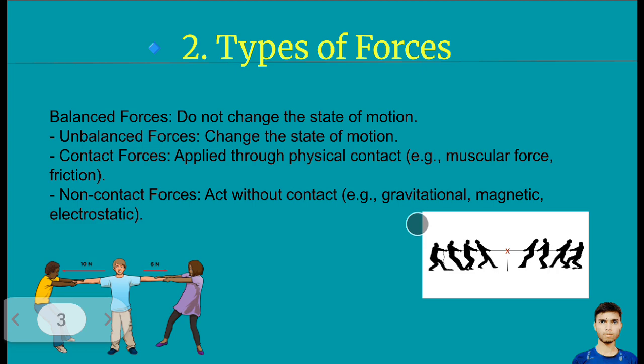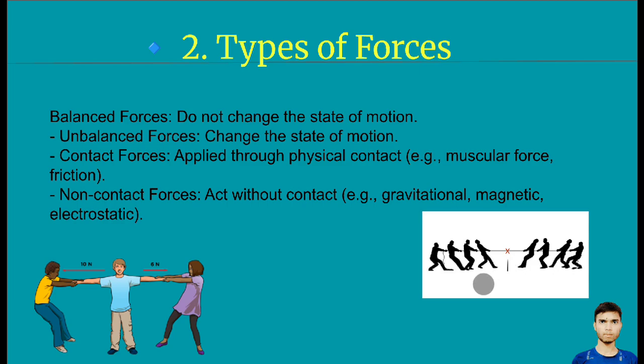We have two figures. Let's understand them as well. In this figure, on this side there are four people, and on this side there are four people, and both groups of people are pulling the rope. Now here the quantity on this side is the same.